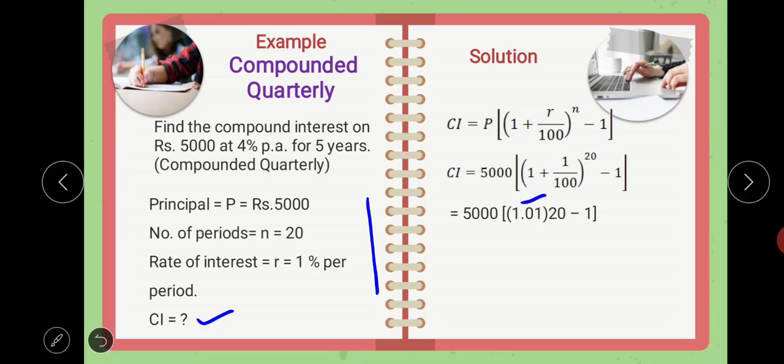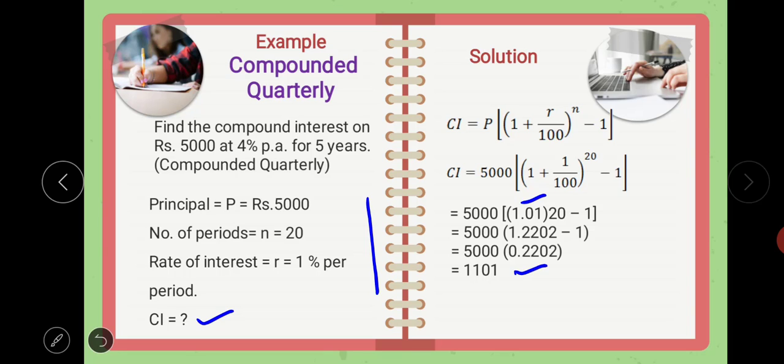Now calculate it on calculator. 1.01 bracket raised to 20 will be 1.2202, and minus 1 from it. So it will be 5000 multiplied by 0.2202, which is 1101.